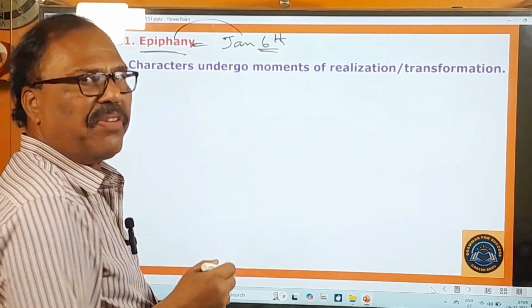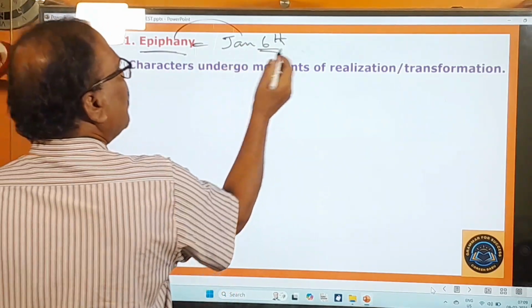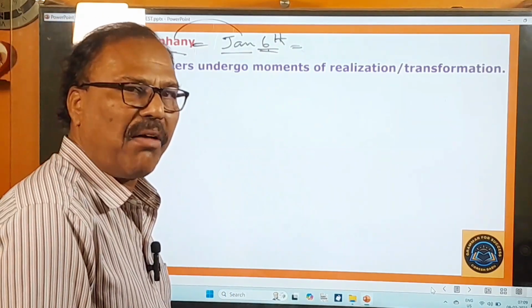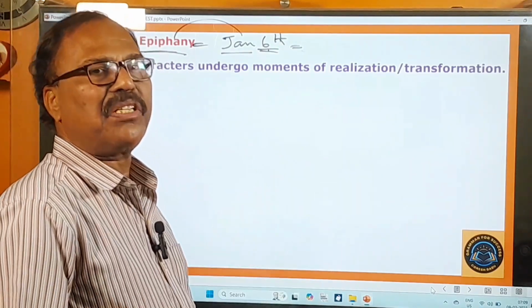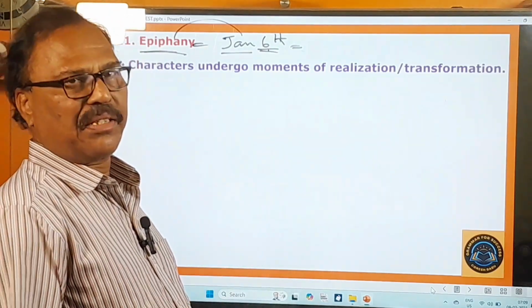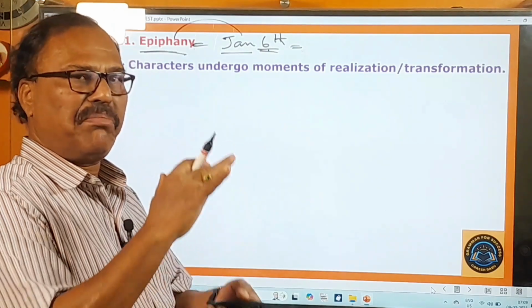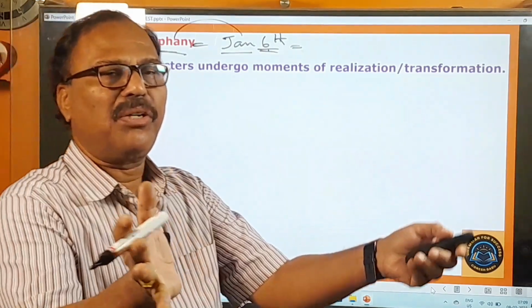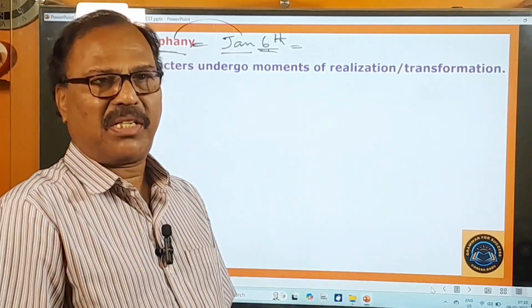Epiphany is a festival celebrated on January 6th by all the Christians, in memory of the manifestation of Jesus Christ to the Gentiles. Jesus Christ was a small baby, and for the first time he was introduced to the Gentiles, the non-Christians.